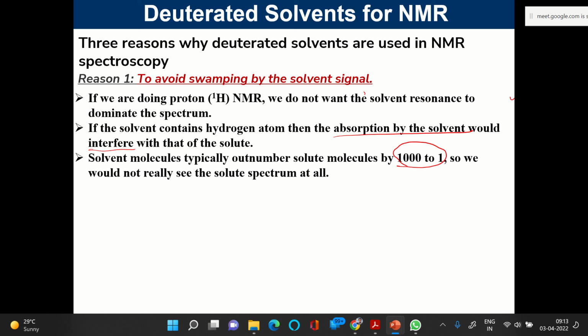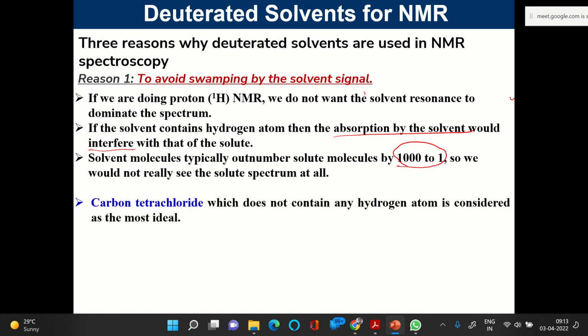That is what you have to avoid. So if I have to record 1H NMR, my choice will be a solvent which does not have hydrogen at all. Carbon tetrachloride, CCl4, is preferred.